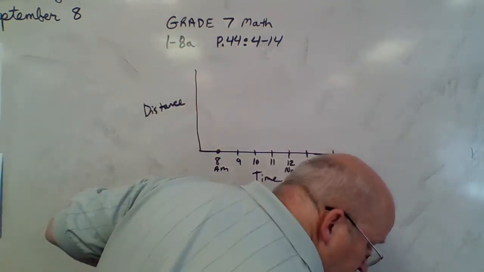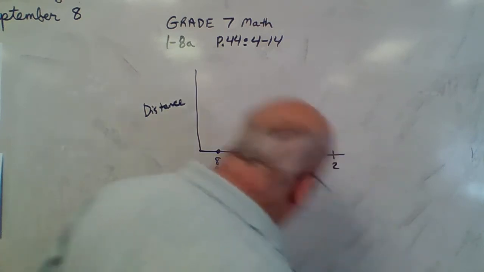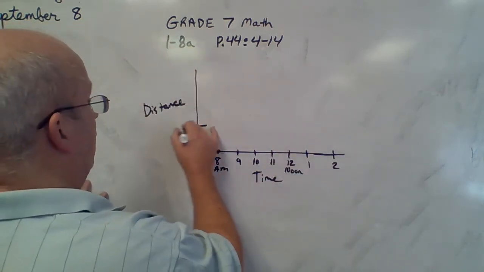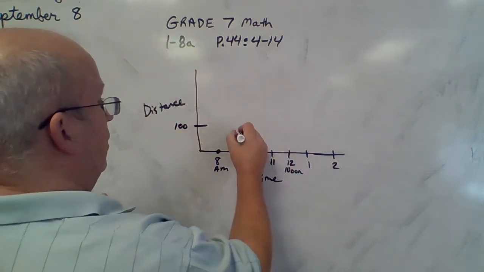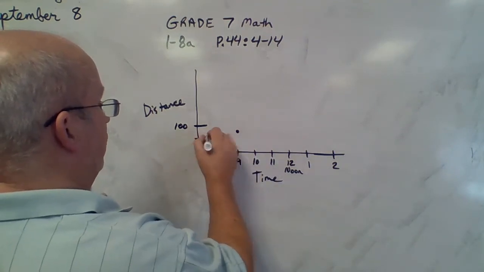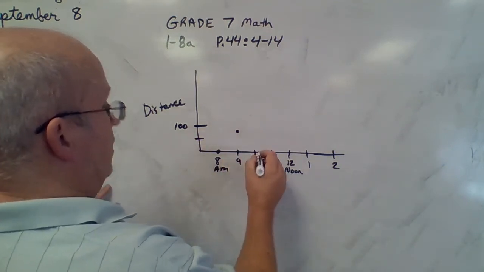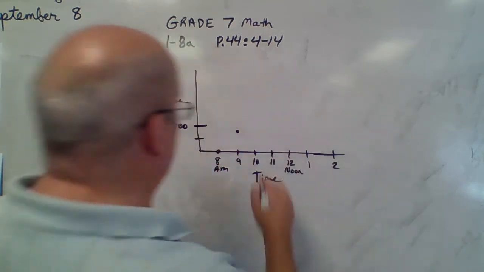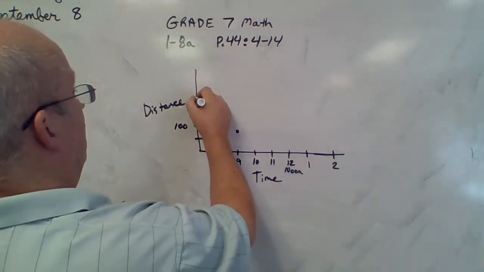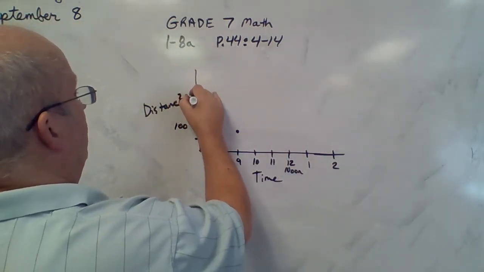And the first dot is at 9 a.m. at about 75. So I'm going to call this 100, about 75 there. There's 50. And then 10 a.m., we said it was about 140. So that would make this 200 right here.